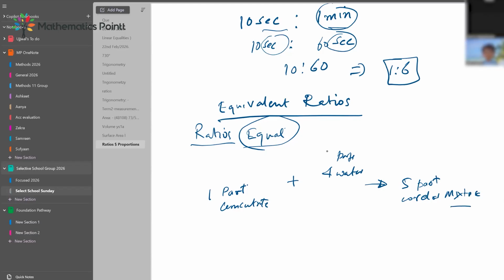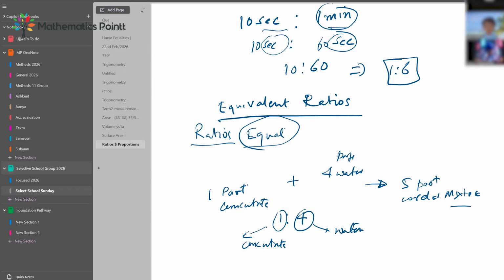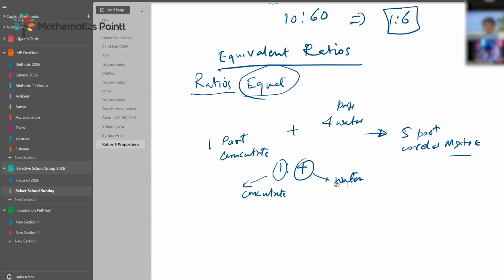So the ratio here between the concentrate and the water is 1:4. 1 is the concentrate, 4 is water. Now let's say I want to make 10 parts of cordial now.